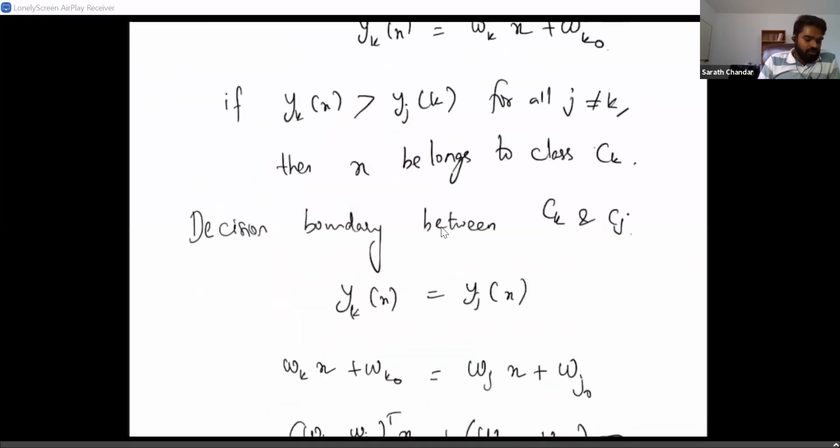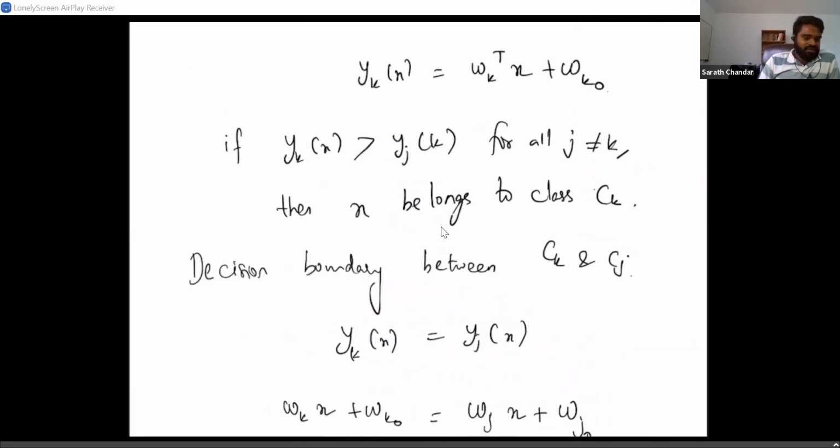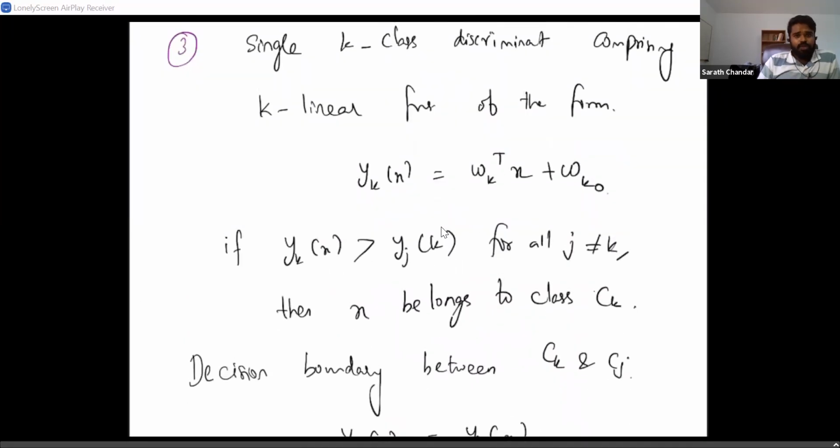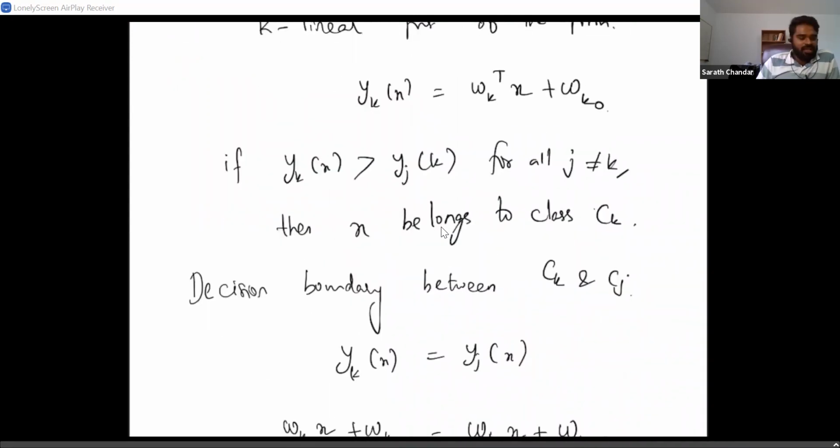The most common way to do multi-class classification is by using this idea of k-class discriminants, where you just have k discriminant functions, the boundary is given by when two class values are equal, and the class prediction is decided by finding which y has the maximum value.